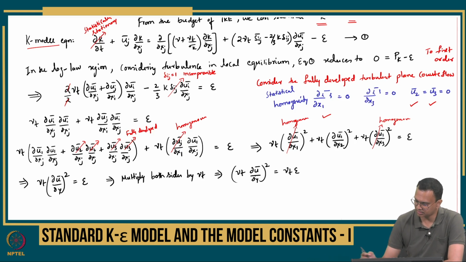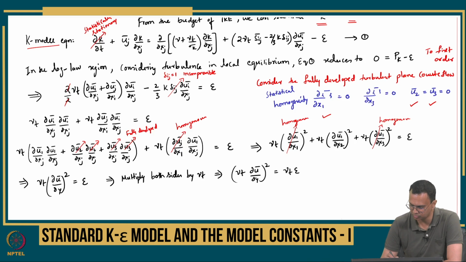So the Boussinesq gave us, if you recall, minus ui prime uj prime over bar was your nu t dou ui bar by dou xj term.